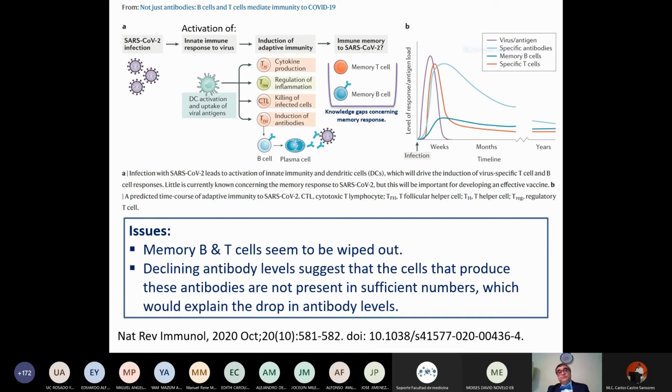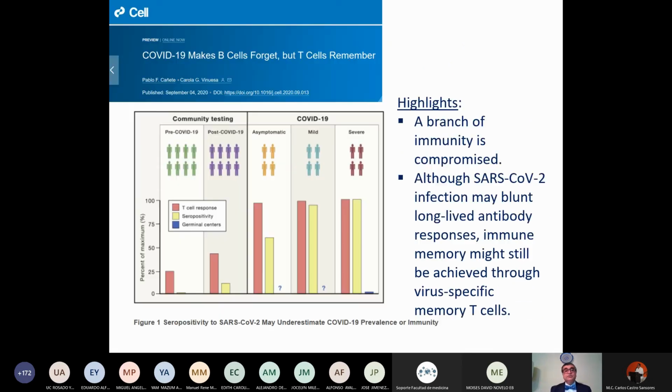From this study it is apparent B cells and T cells are wiped out. Their levels are declining, but what that level of decline means for prognosis during convalescence, not post-convalescence, is unclear. So there are many more questions than answers from this study.